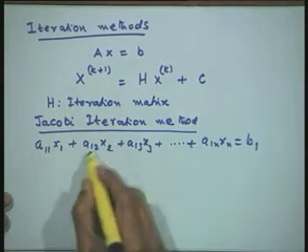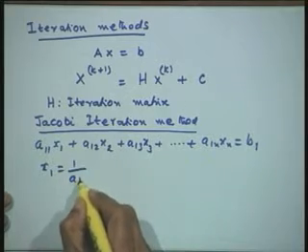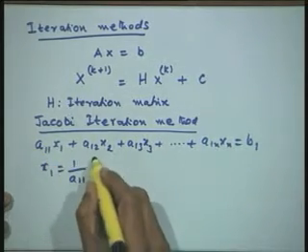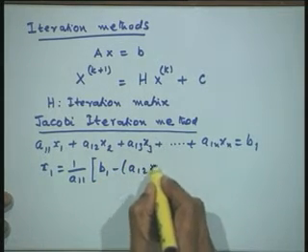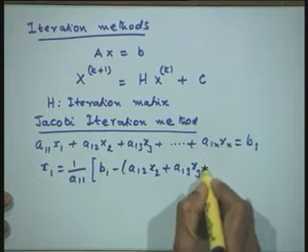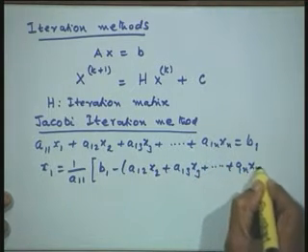That means I would write this as x1 = 1/a11, having taken everything to the right hand side and divided by the pivot, (b1 - a12 x2 - a13 x3 - ... - a1n xn).